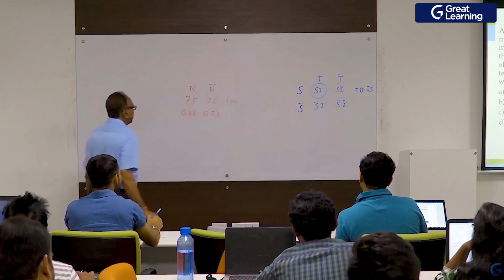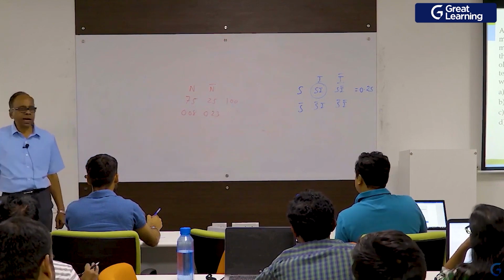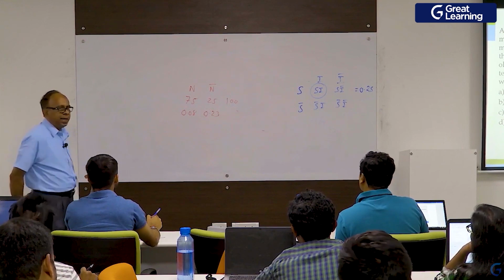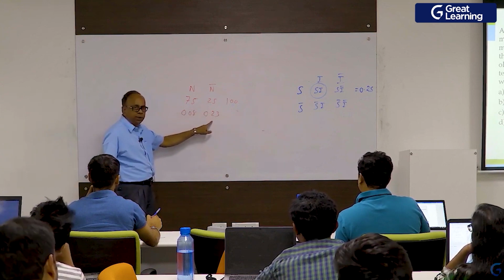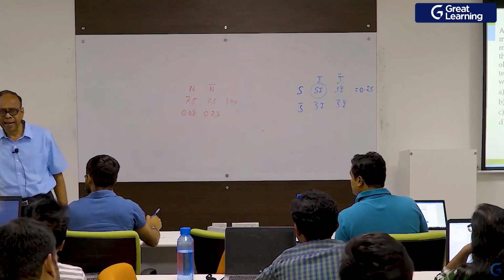Now, if I ask you a fundamental question, out of the output of 100, how many would be defective? You will say 75 into 0.08 plus 25 into 0.23. You will multiply and get the answer.